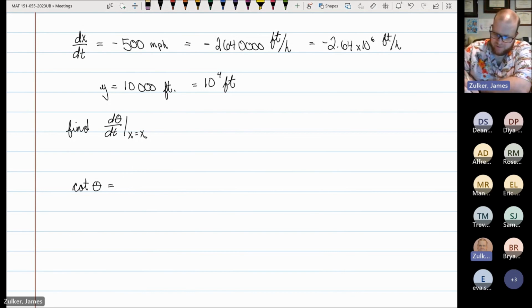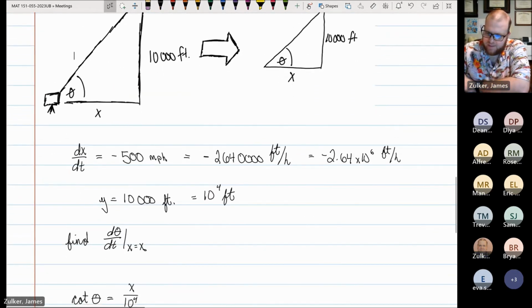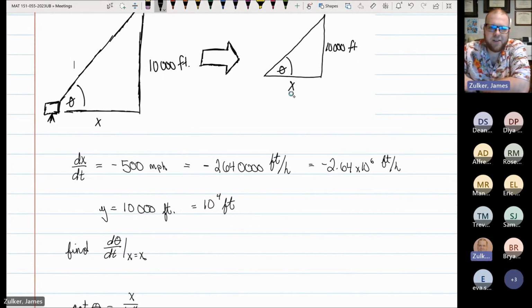Oops, did that backwards. It's x over 10 to the fourth. Cotangent. Adjacent over opposite, right?